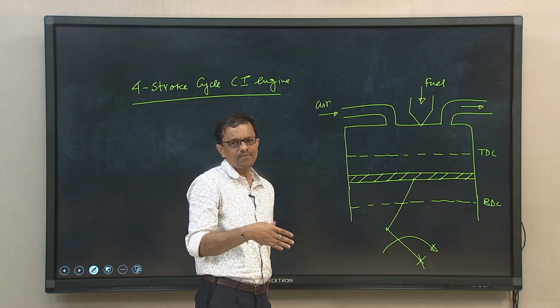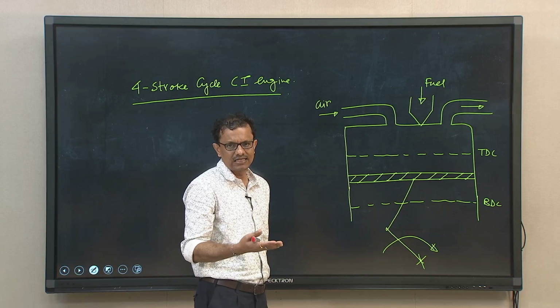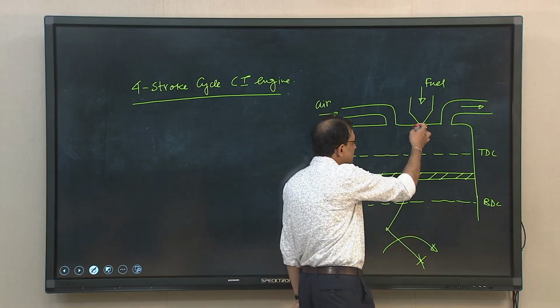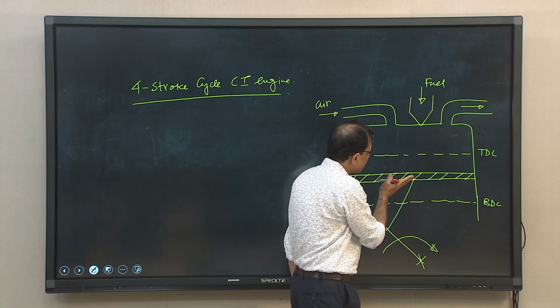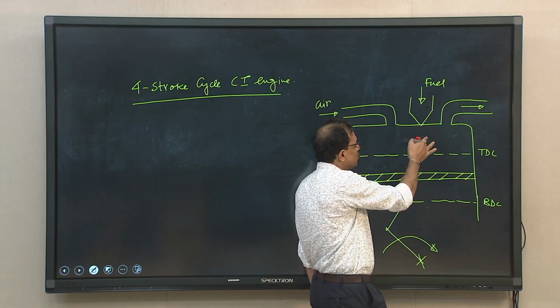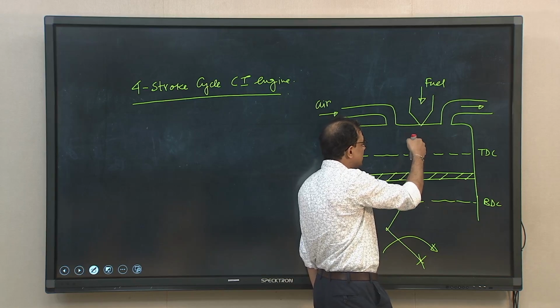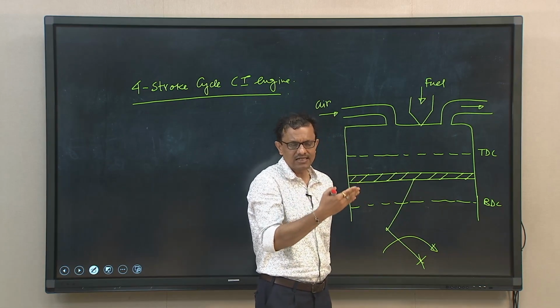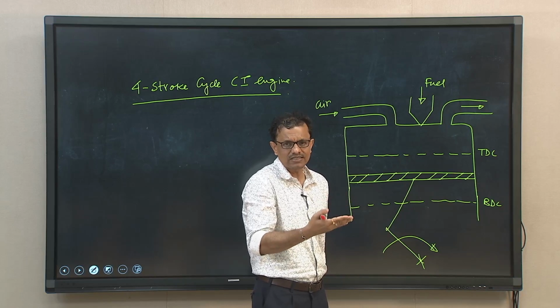So, basically physical delay plus chemical delay, that is the total ignition delay that you have studied in your undergraduate course. Because of this ignition delay, when the piston is about to reach TDC, fuel is sprayed. So, when fuel is sprayed, that fuel will initiate combustion.